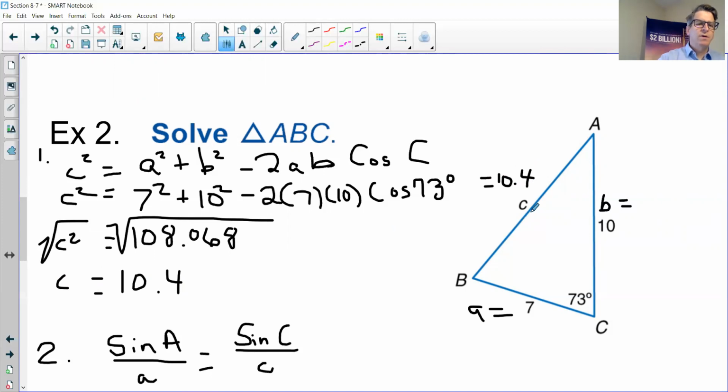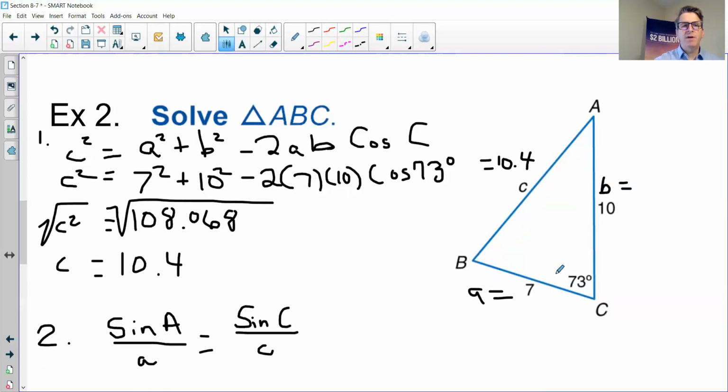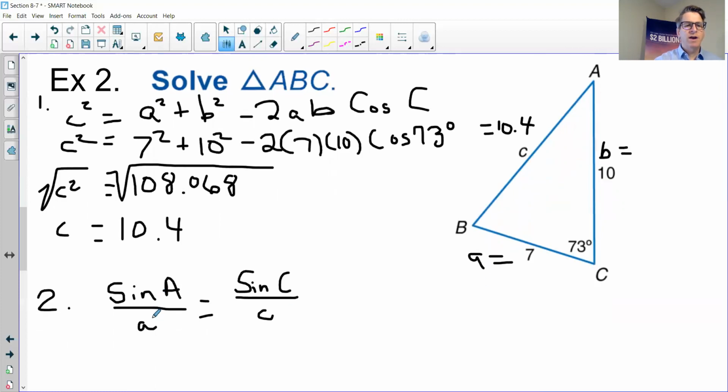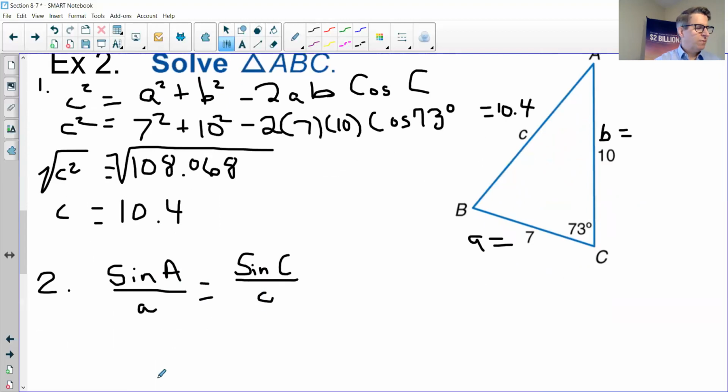Step 2, we use the law of sines to find the measure of angle A. So sine of A over A is equal to sine of C over C. We're going to input sine of A divided by side A, and side A is 7.